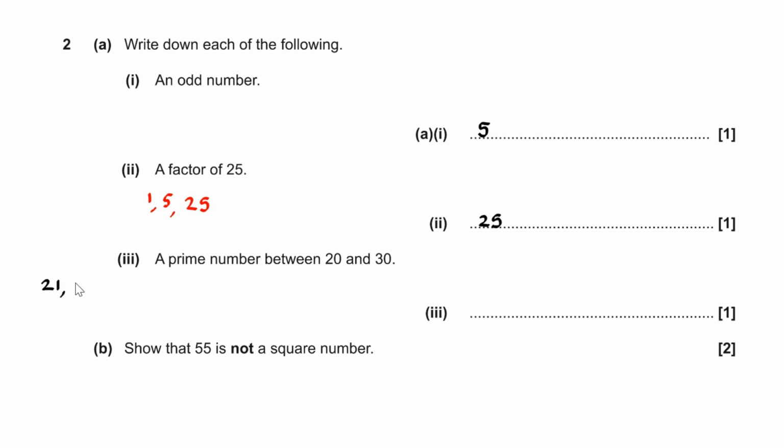We've got 21, 22, 23, 24, 25, 26, 27, 28 and 29. And the ones that are prime, we have 23, which is prime, and we also have 29, which is prime. So we can choose either of these to write down. We can of course write down 23, for example.